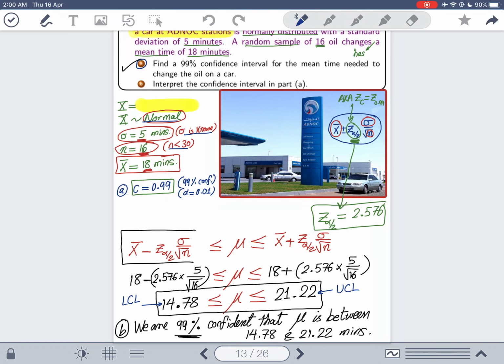Okay. One more thing before I go to the next question, because a lot of you asked me this: the margin of error is this part. All of this together, this part here, is what we call E, the margin of error. It is the thing that you subtract and add to your mean.